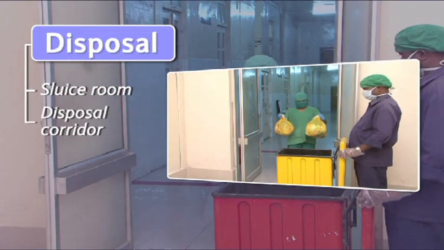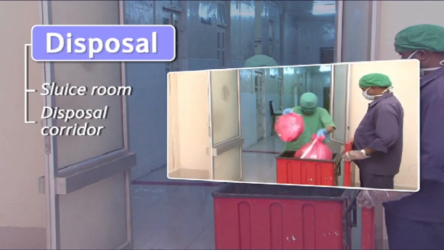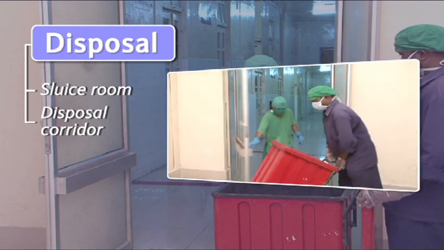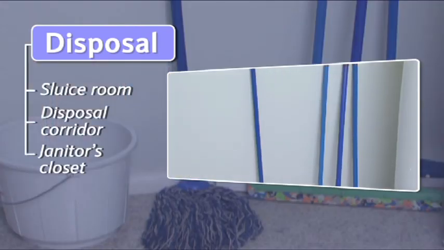Disposal area: sluice room, disposal corridor, and janitor's closet.